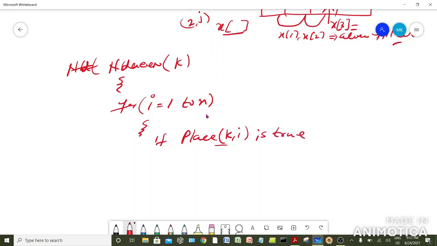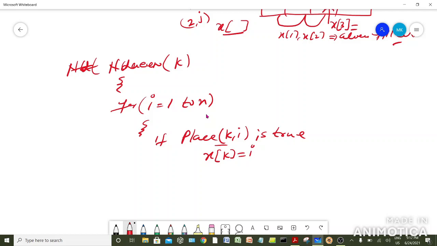if this condition is true, means if we can place the kth queen at ith column, then we need to set x[k] equal to i. Means we need to put it in the result that yes, we are able to put queen k at ith column.